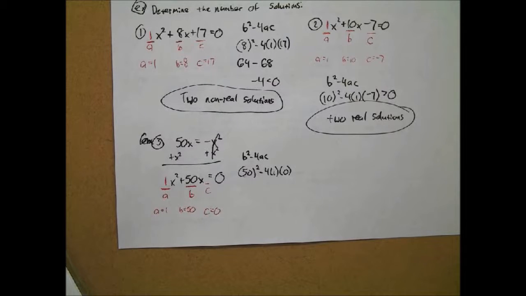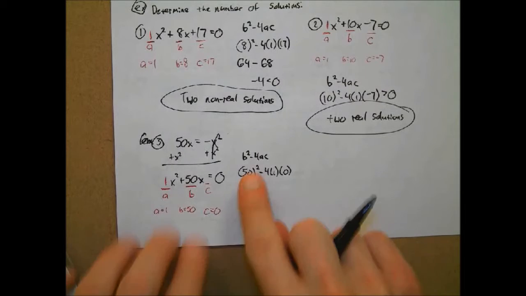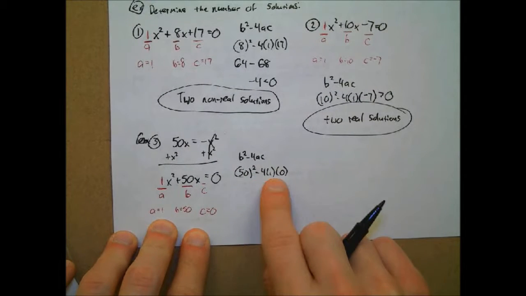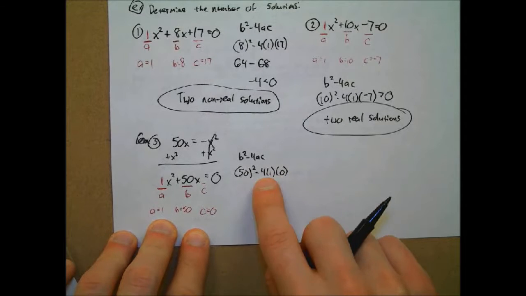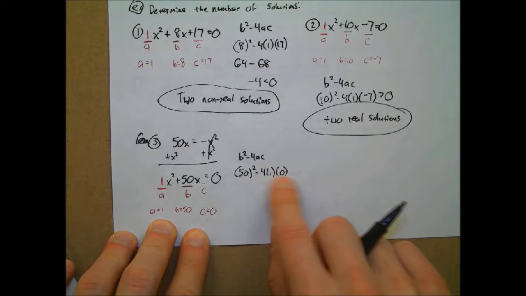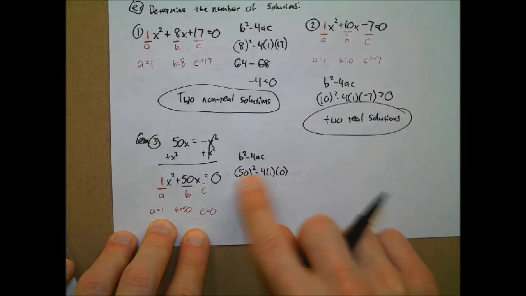Negative? How'd you get negative? Okay, so where's my second subtraction sign here? Oh, I see. You got one subtraction. What's this value going to be, though? It's going to be 0. So I have 50 squared minus 0. Is this going to be positive, negative, or 0?